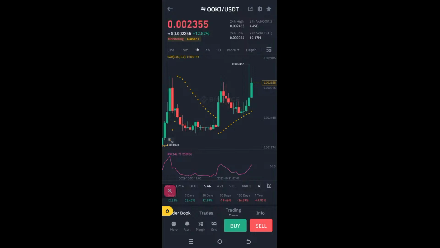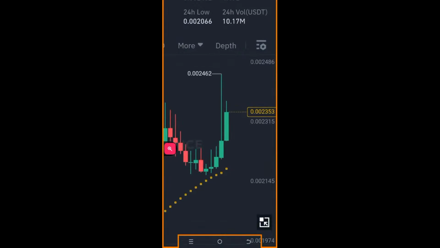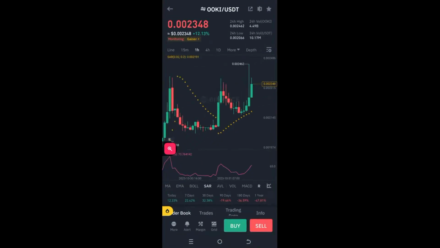If you're greedy, you may look for higher profits, and if you're conservative, you may look for lower profits. But really, it depends on you. Once the signs in terms of the chart and the technical analysis are right, you should be able to go on. Now, this is not exactly in pump mode right now. It's kind of having a slight pullback, but it's still looking okay because the parabolic SAR is looking up.